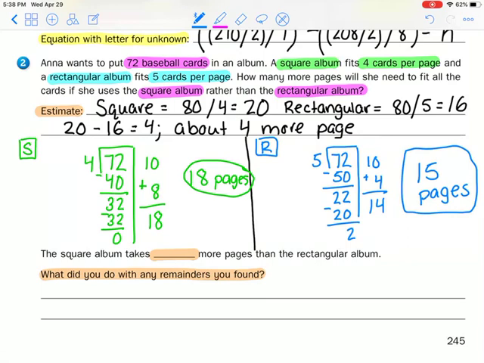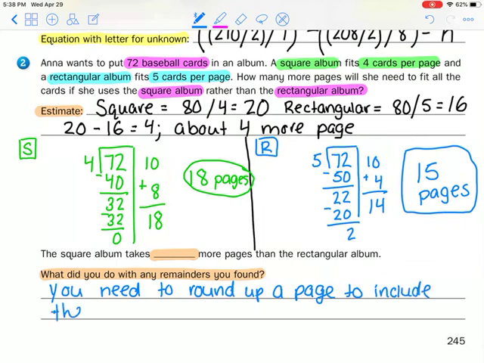So what do you do with the remainders you found? You need to add another page. So you need to round up a page to include the remaining 2 baseball cards.